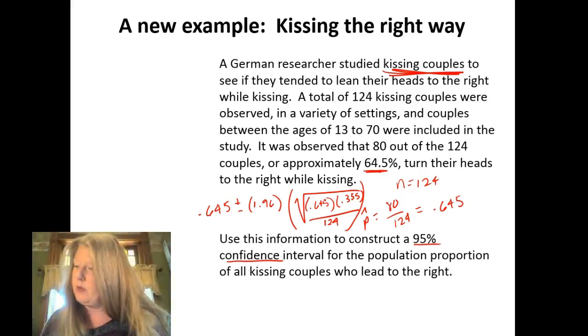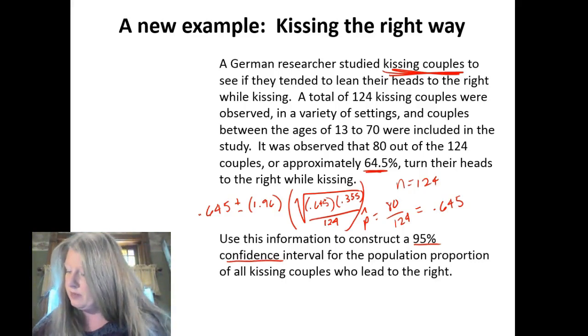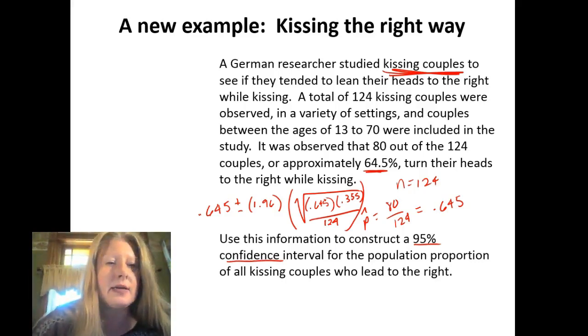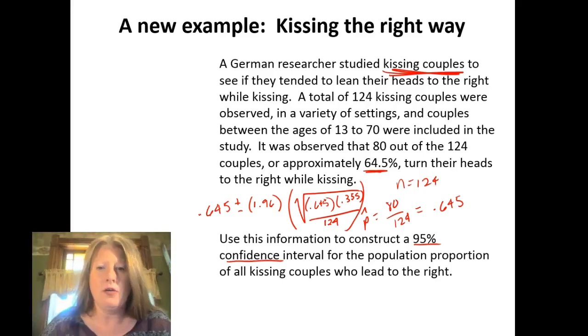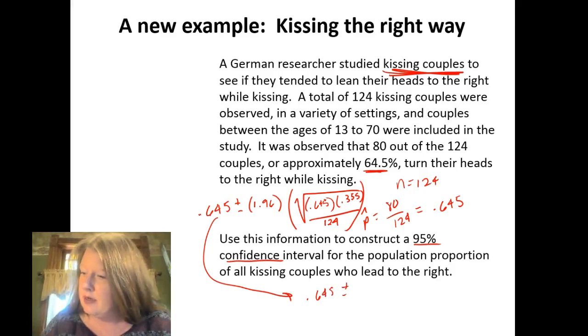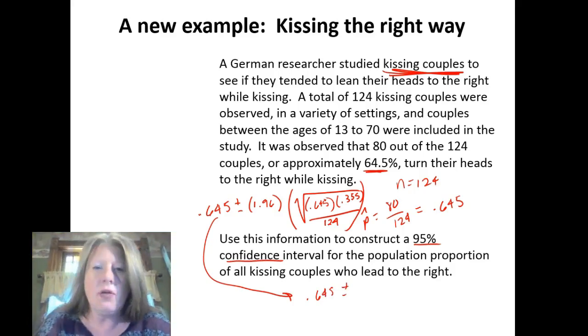Okay, so I just kind of quickly want to make sure I got the right numbers here. Okay, let me pause a second and just check my calculation. Okay, so I double checked and I have everything right. So this would be 0.645 plus or minus. This whole thing together ends up being about 0.04.